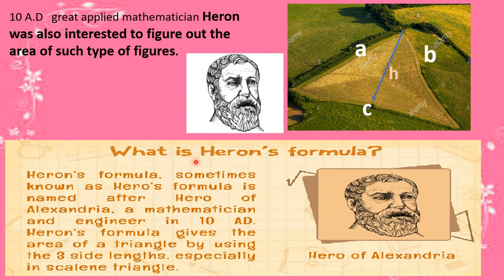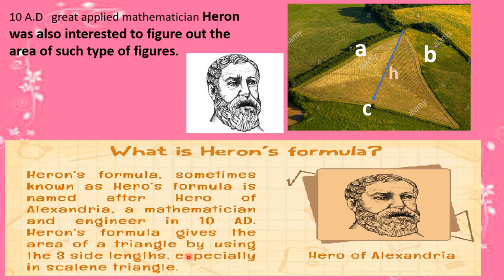The formula given by the great mathematician Heron is known as Heron's formula, and it is also known as Hero's formula, named after Hero of Alexandria, a mathematician and engineer in 10th AD. Heron's formula gives the area of the triangle by using the three of its sides.